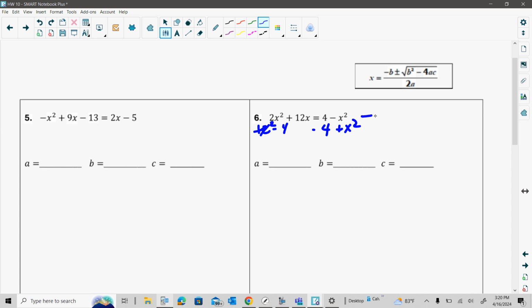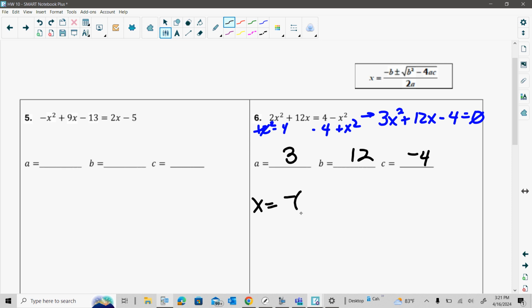So really this turns out to be 3x squared plus 12x minus 4. And then we are finding each variable. So a is 3, b is 12, c is negative 4. And now we're actually doing the work.